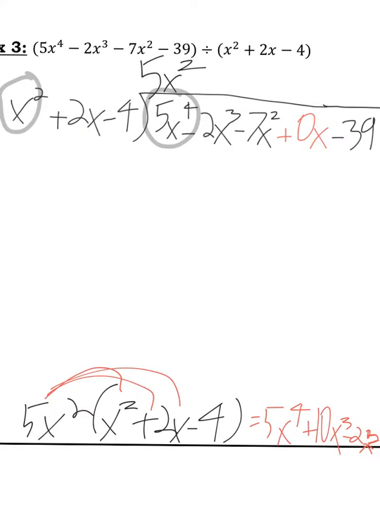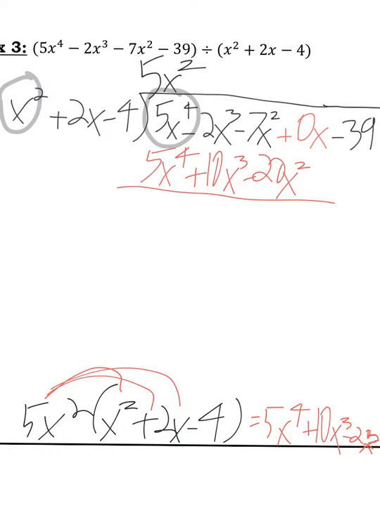Okay, so you need to write that down right underneath your original equation. Once you have that down, make sure you use parentheses. Your first term should always cancel out, and then you have negative 2x to the third minus 10x to the third, which means I have negative 12x to the third, and then you have 7x squared minus negative 20x squared.